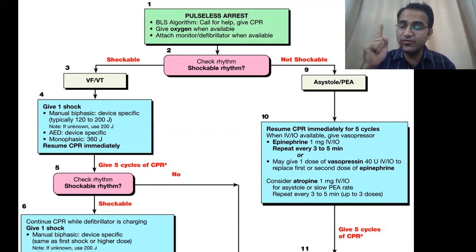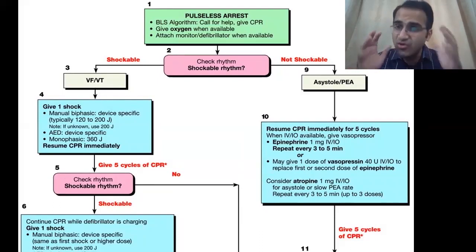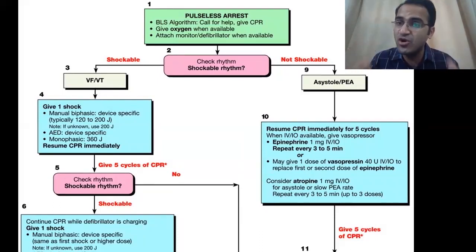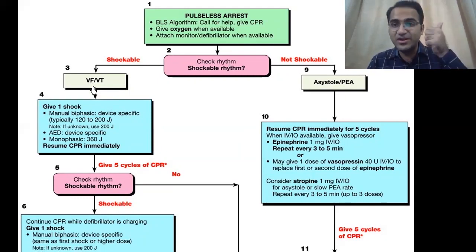There are few types of rhythms in which when you shock the patient, when you defibrillate, the patients get better. And there are few types of rhythm that cannot be treated with shocks, that cannot be treated with defibrillator, and that are called non-shockable rhythm. So remember, when you check the rhythm, and if the patient is having ventricular fibrillation or ventricular tachycardia, we fib, we tac, shock.